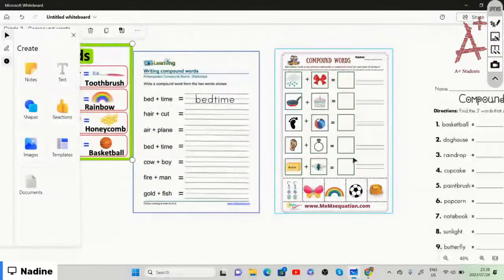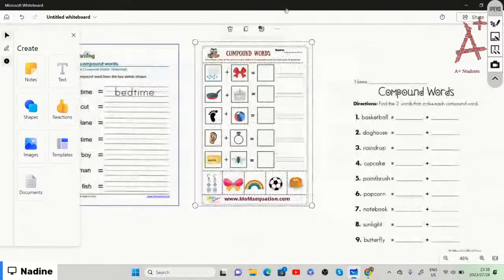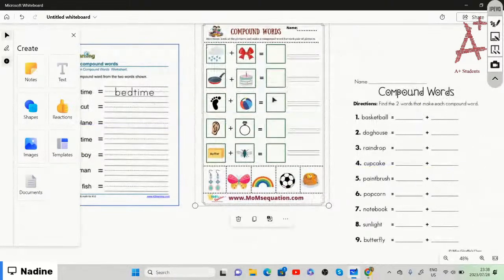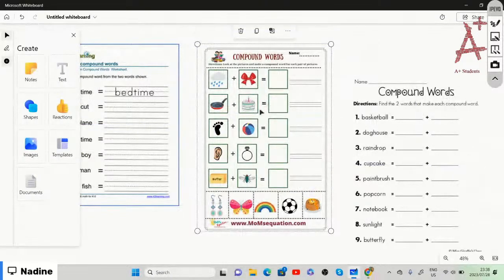Right? So now we're going to look at the pictures, right? We're going to look at the pictures, and then we are going to say what the word is, right? So it says you need to look at the pictures and make a compound word out of each picture.